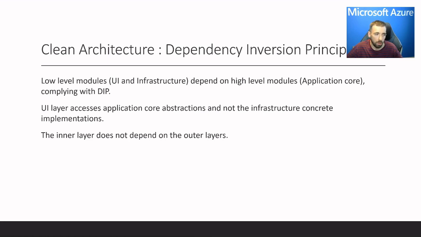And in this scenario, we've got low-level modules, UI and infrastructure, depend on high-level modules, application core, complying with the dependency inversion principle. The UI layer accesses application core abstractions and not the infrastructure concrete implementations, and the inner layer does not depend on any outer layers.